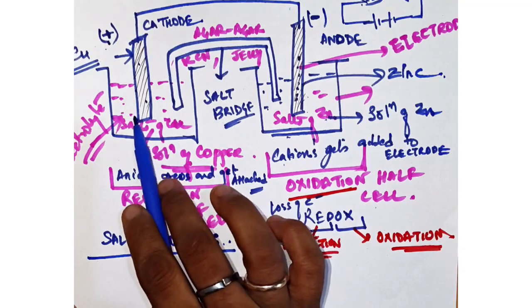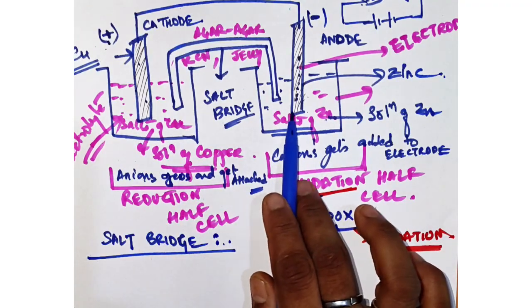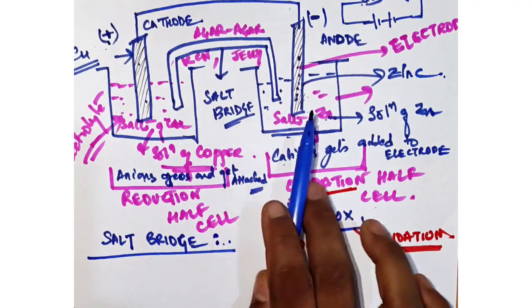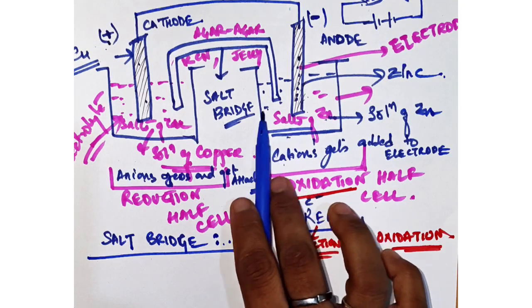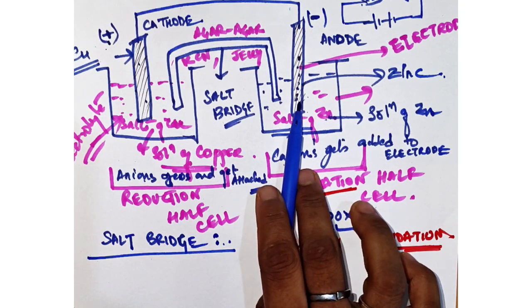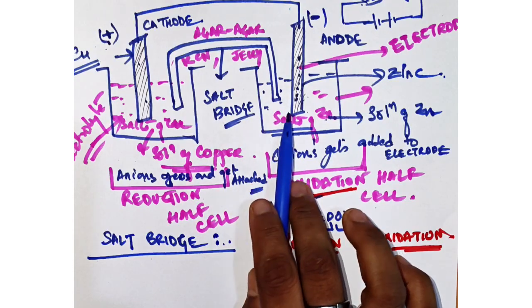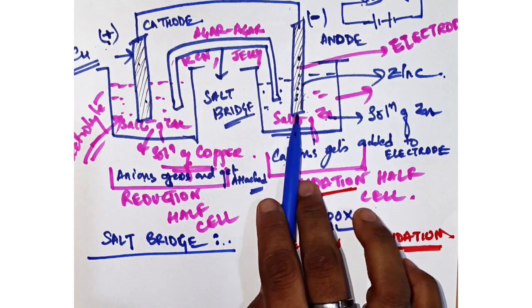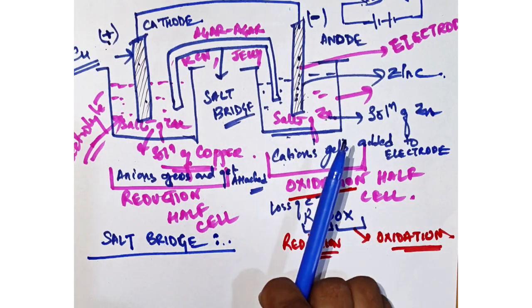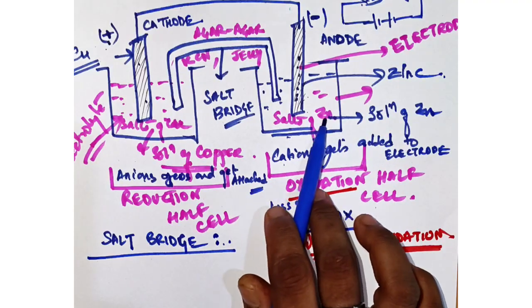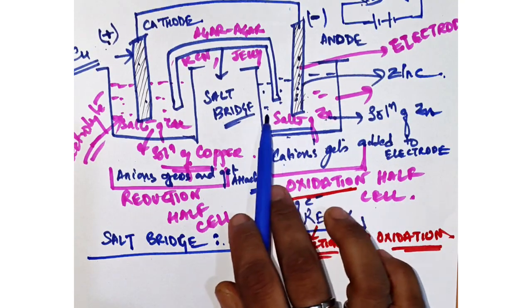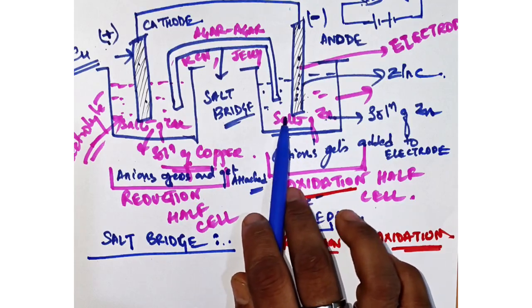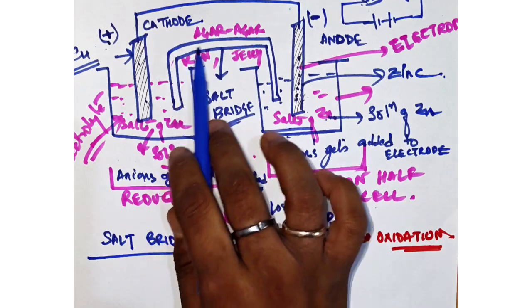So what happens when electricity is passed? Even when no electricity is passed, just because the salt gets dissolved and dissociates into positive and negative ions, a difference of potential develops with the help of a salt bridge.